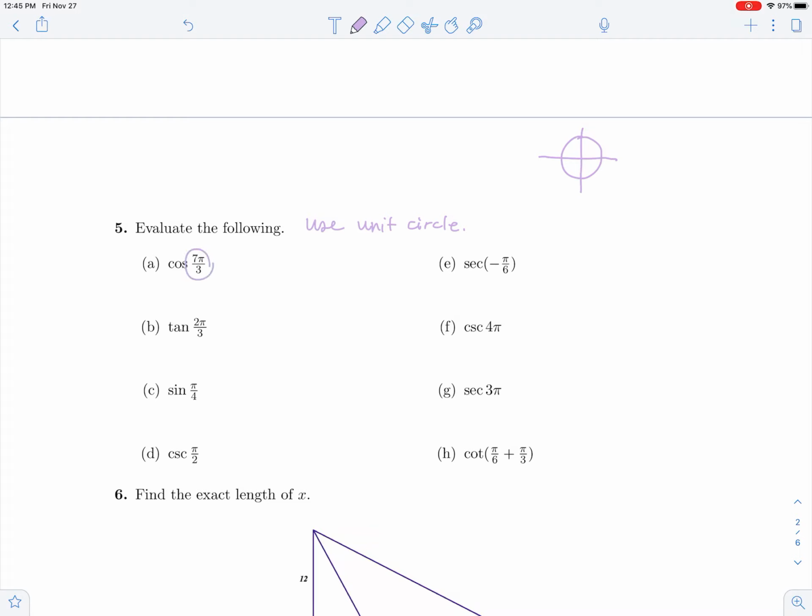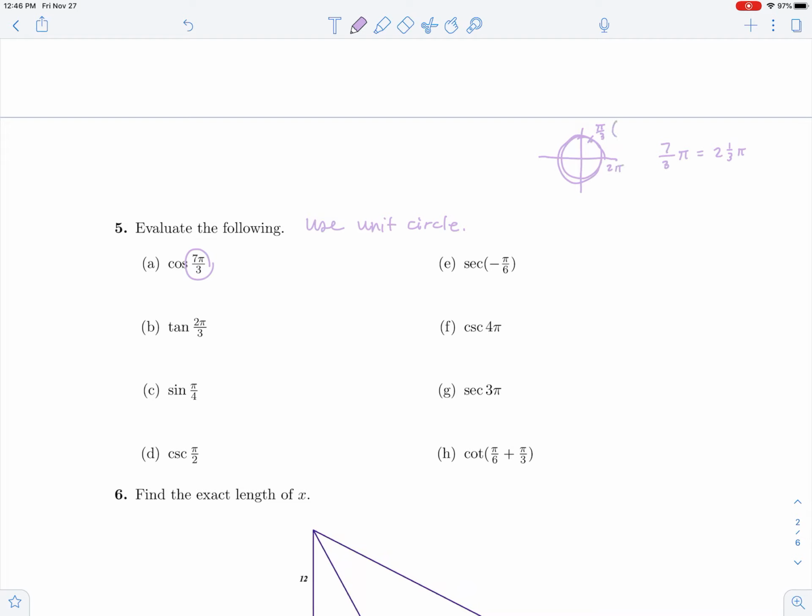So 7/3 is 6/3 plus one more third. So it's going to be the same as pi over 3, because 7/3 pi is like 2 1/3 pi. So you go around the circle to here and you're at 2 pi, so it's 1/3 more.